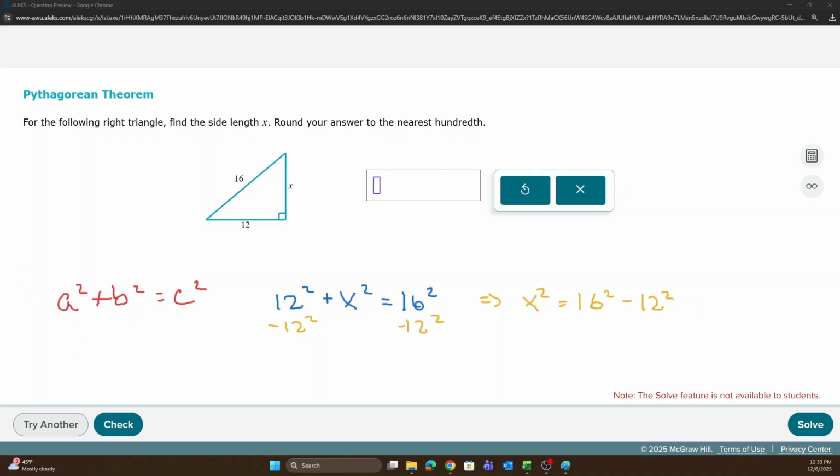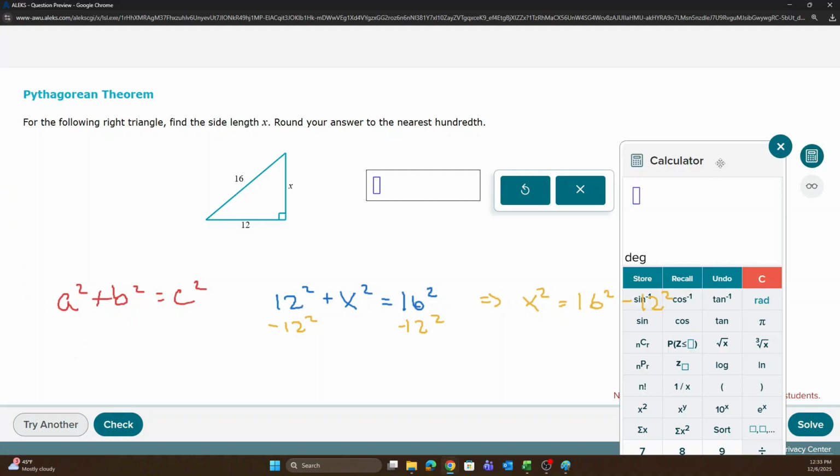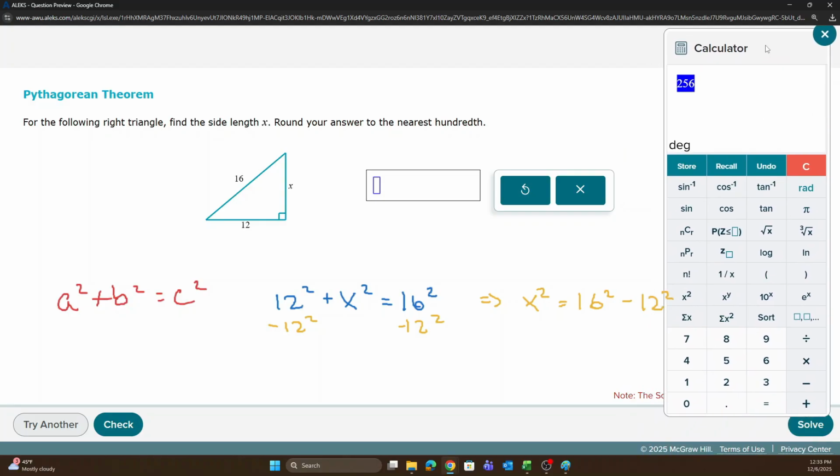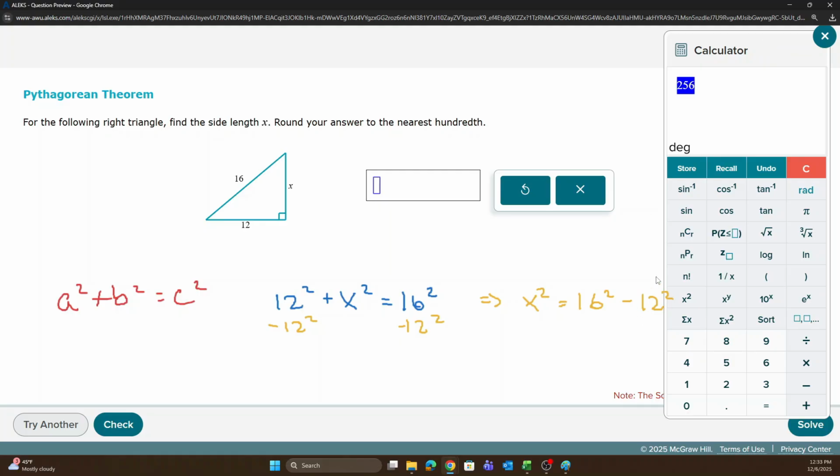If you want to do your calculations, pull up your calculator. 16 squared is 256, and 12 squared is 144. Wait, I gotta write something wrong. 256 minus 144, no, it's 112. It gives us 112.